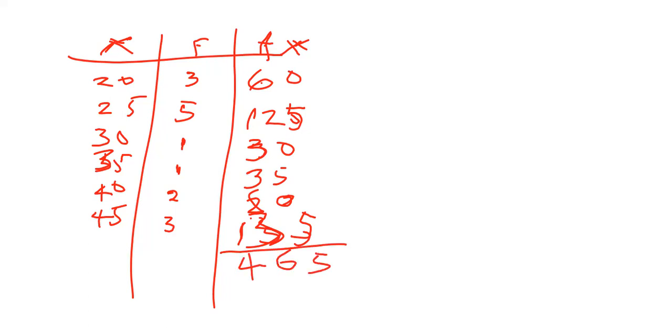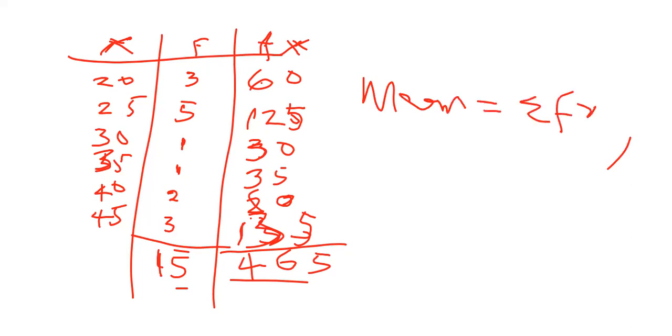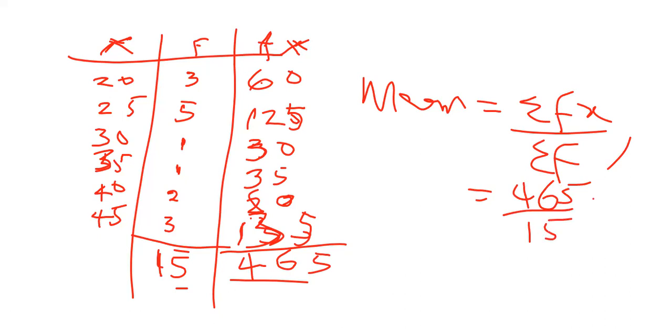We did this yesterday, so the addition hasn't changed. That's 15. So our mean is still summation of fx all over summation of f. And this is 465 all over 15. This is 31. So we already have our mean, so that we can find mean deviation, so that we can find variance, and then get standard deviation. Is it clear?